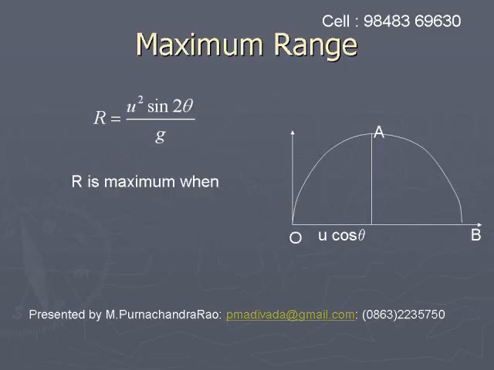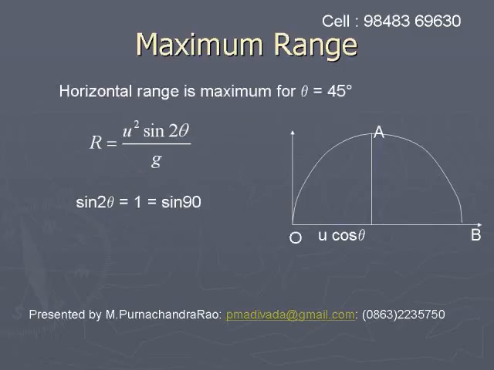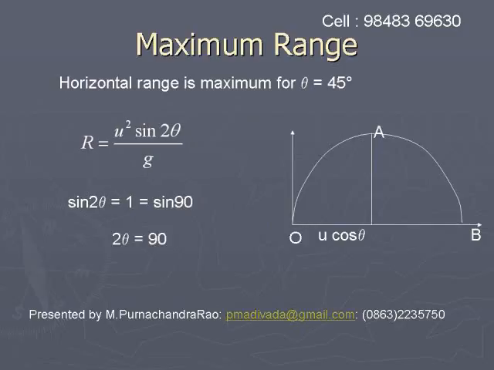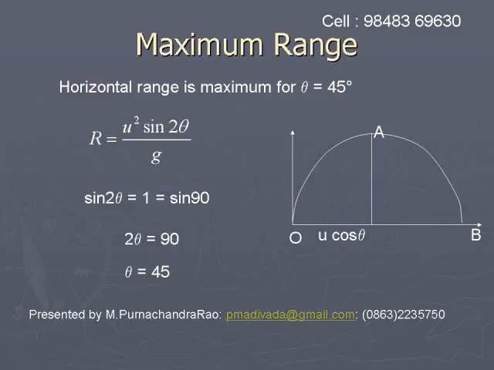Hence, it has a maximum value. That maximum value will be obtained when sin 2 theta becomes 1. Sin 2 theta becomes 1 when 2 theta is 90 degrees, because sin 90 is 1. Since sin 90 is 1, when 2 theta is equal to 90, then the range is maximum.